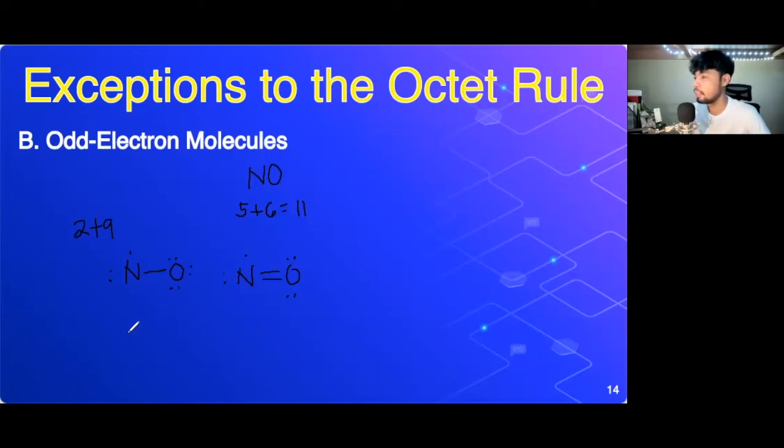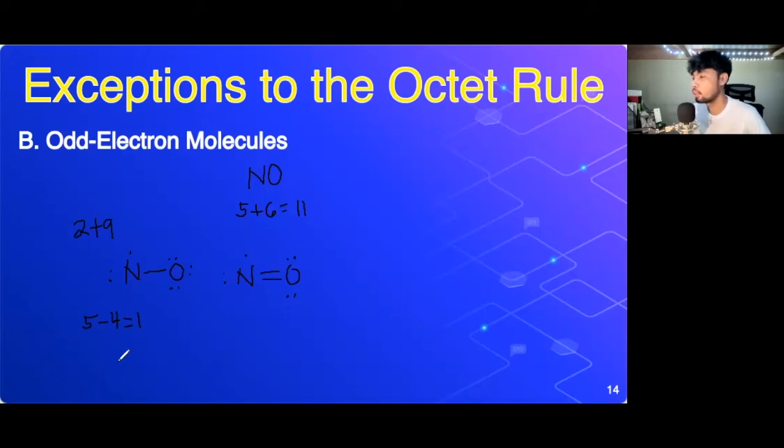Let us first determine their formal charges. The formal charge for the nitrogen atom here is determined by subtracting its assigned electrons from its valence electrons, which is 4. So we'll have a positive 1 formal charge for the nitrogen atom.